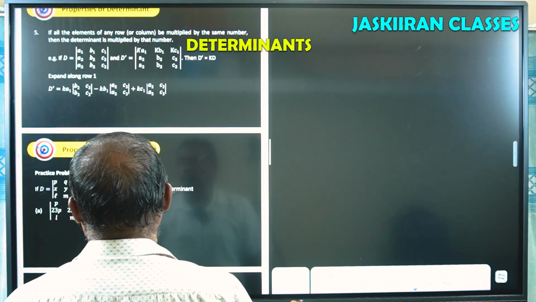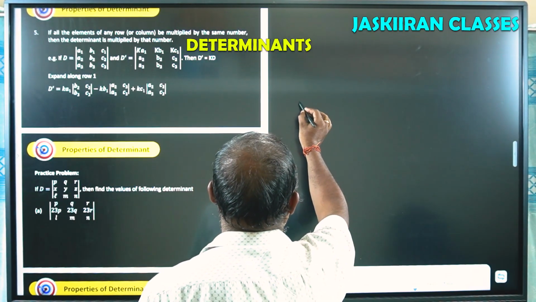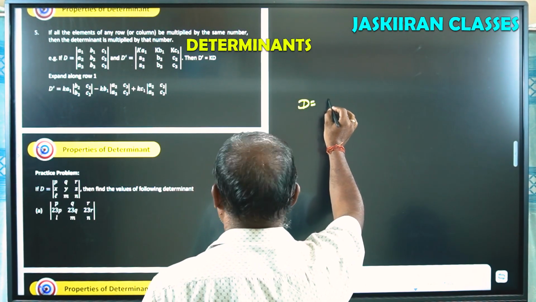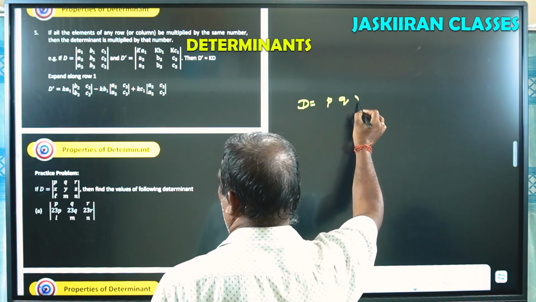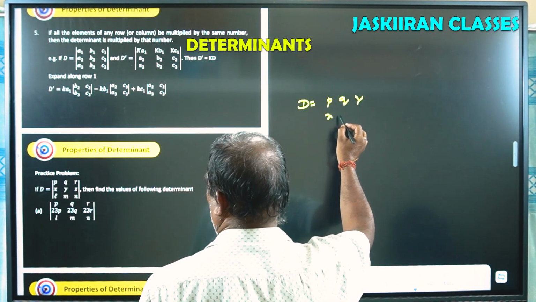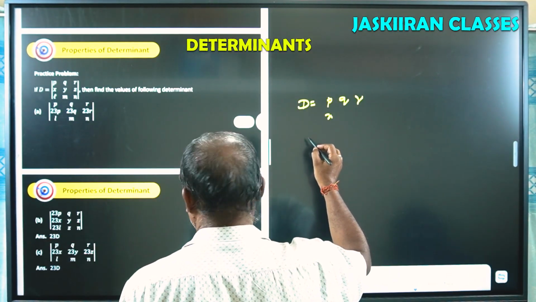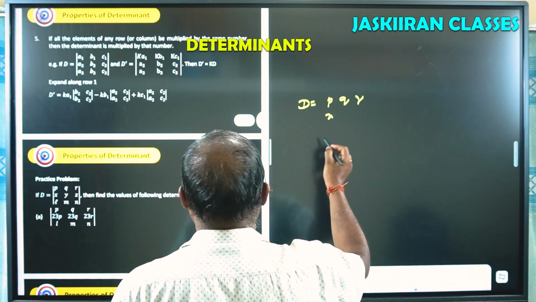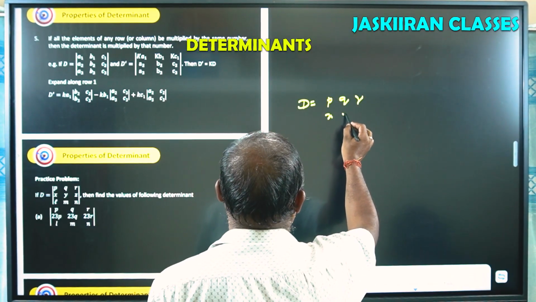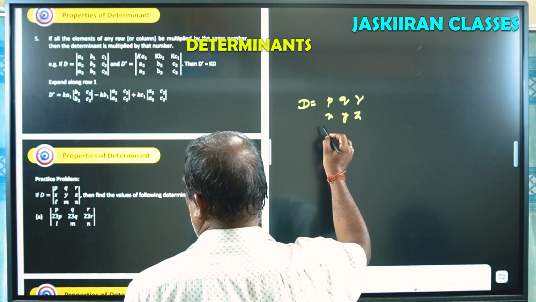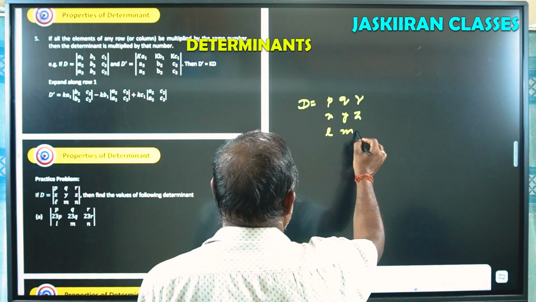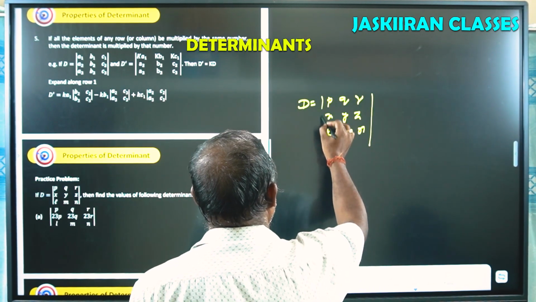So see the example. Given that D is equal to P Q R, X Y Z, L M N. That is the given determinant.